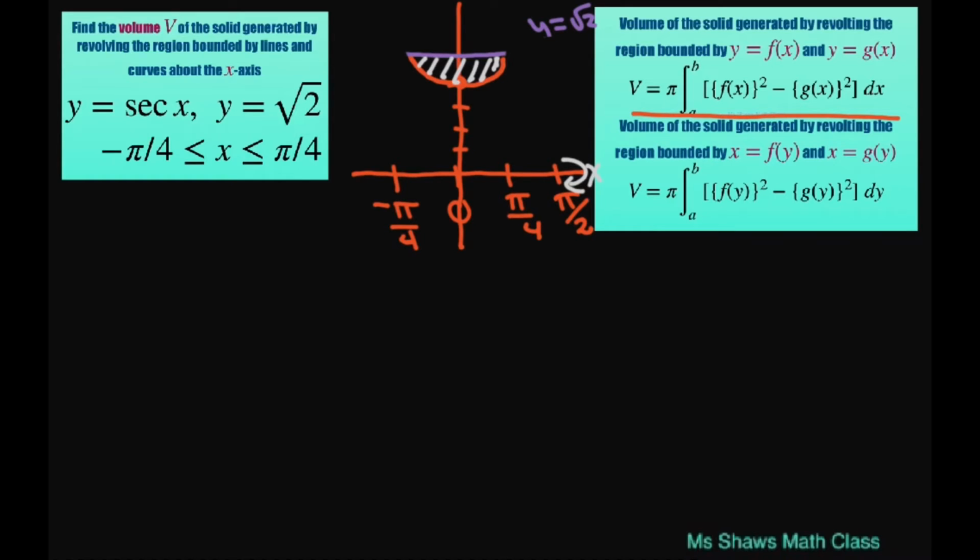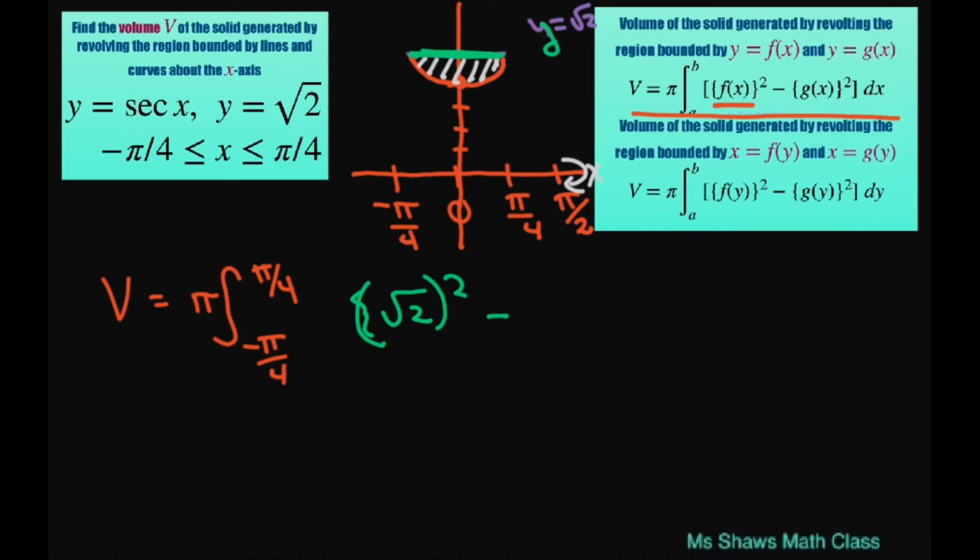So using this formula, what we're looking at is our volume equals pi, and we're going from negative pi divided by 4 to pi divided by 4. Now, your f of x is going to be the upper part, the part that's enclosing the upper boundary of the shaded region, and that is your y equals square root of 2. So you're going to write this as square root of 2 squared.